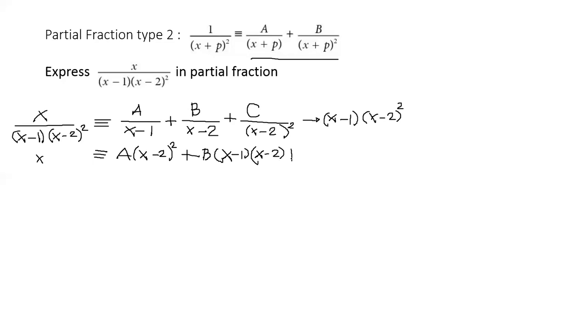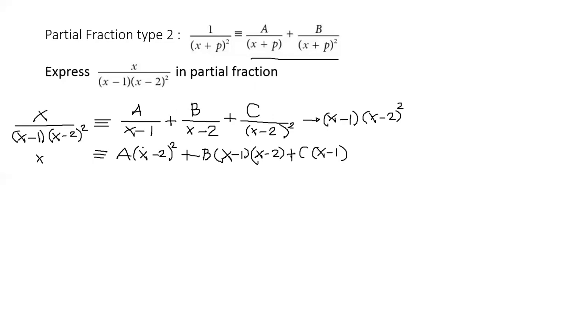Plus, if you multiply the third term by (x minus 1) and (x minus 2) squared, it becomes c times (x minus 1).